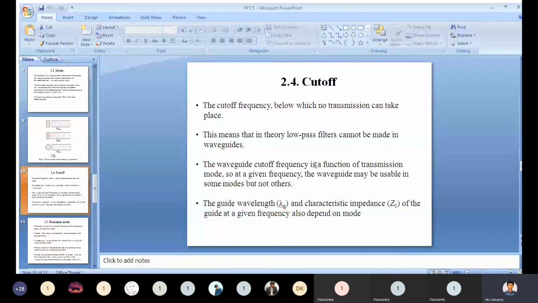The waveguide cutoff frequency is a function of transmission mode. So at a given frequency, the waveguide may be usable in some modes but not others.